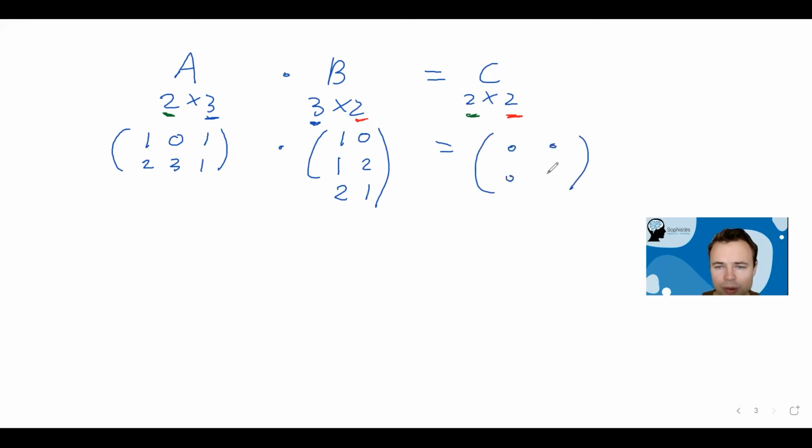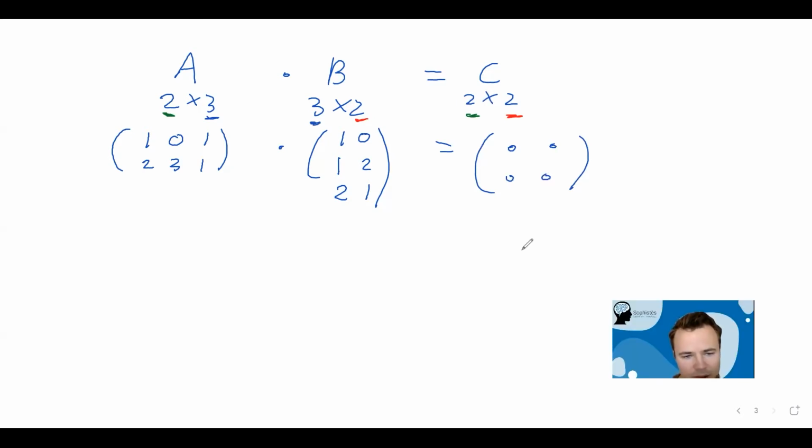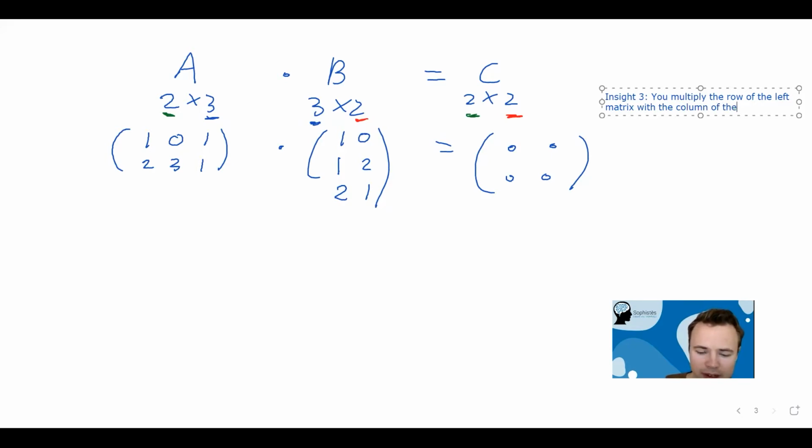Now I want to know which numbers are going to come on those spots. And this is how you will multiply. You multiply the row of the left matrix with the column of the right matrix.